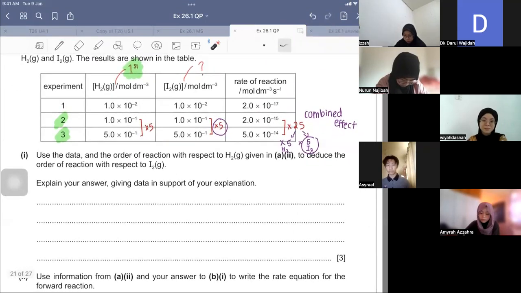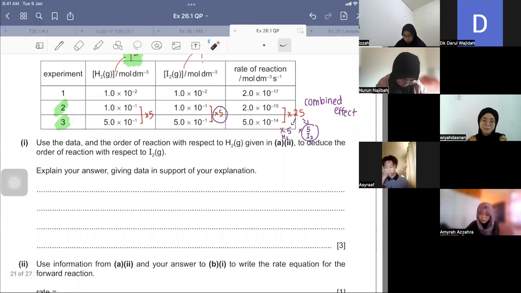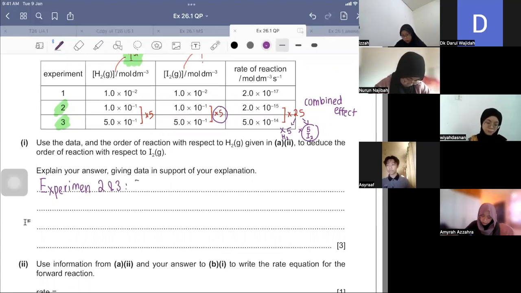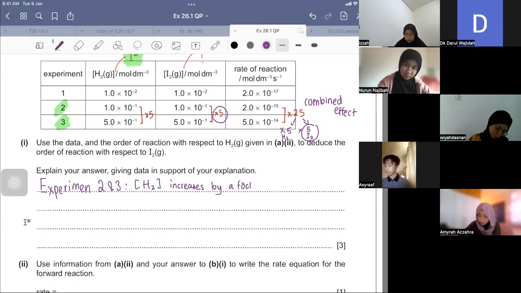Use the data to deduce the order of reaction. Explain your answer. So we will say that the reaction is first order with, I will just say, experiment 2 and 3, concentration of hydrogen increases by a factor of 5, or increases by 5.